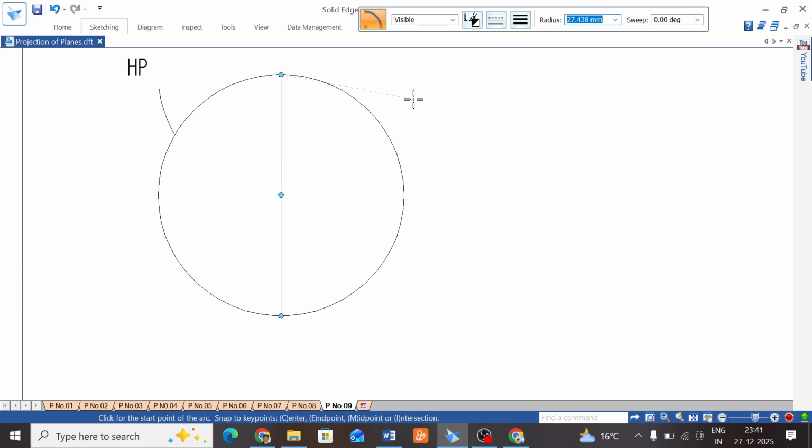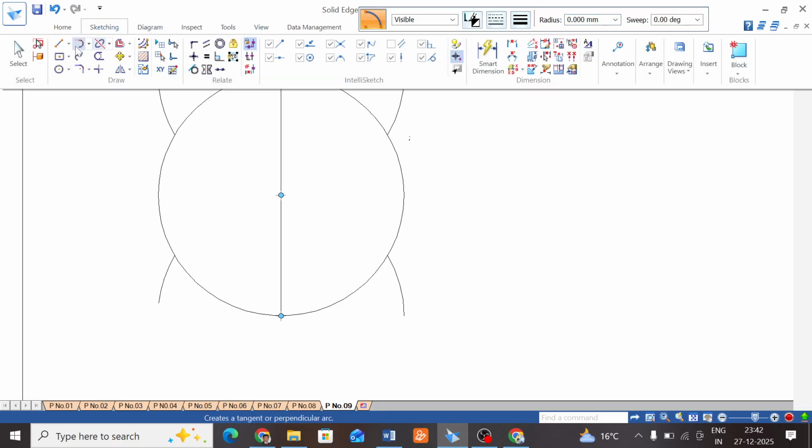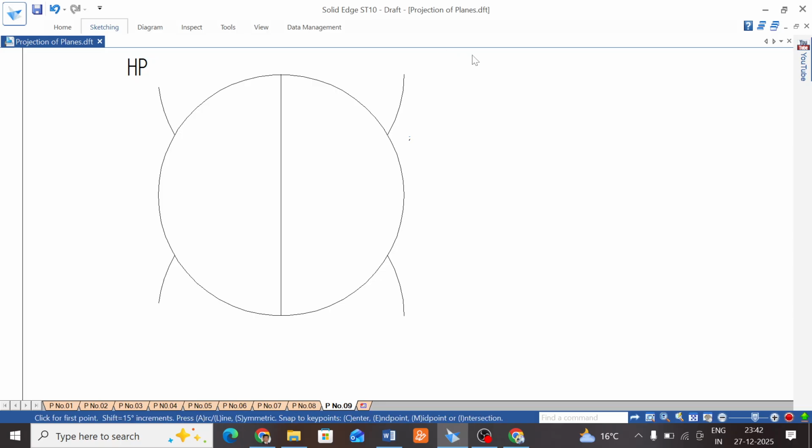This side also 25, cut it. Next from this corner 25 mm, cut it. And last, this side also 25 mm. Join all six corners with a thick line.